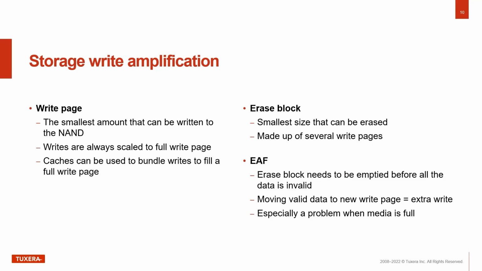Each erase block on the NAND media is made up of several write pages. The exact number depends on the media configuration. Another type of amplification at the media level is known as erase amplification. In short, as the write pages within an erase block are used, that block ends up being fully programmed. Since overwrite is not possible, each write page that's been replaced is marked as being obsolete.